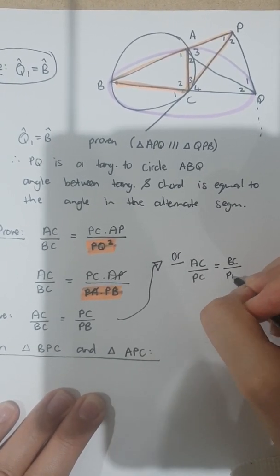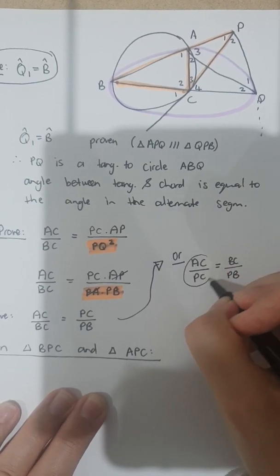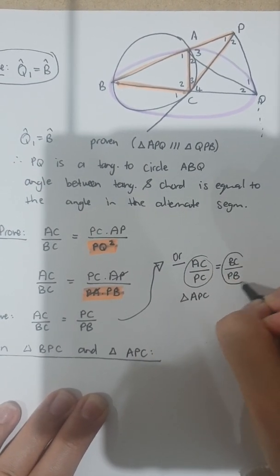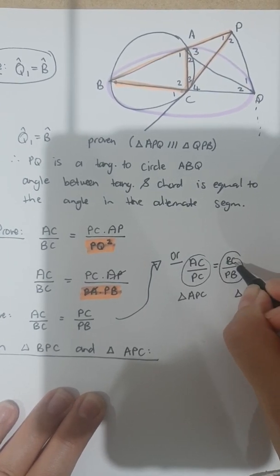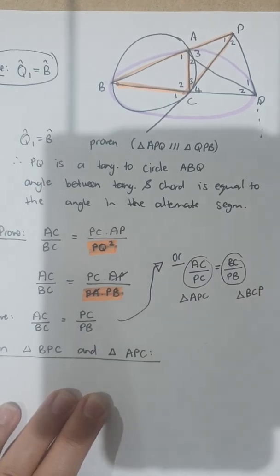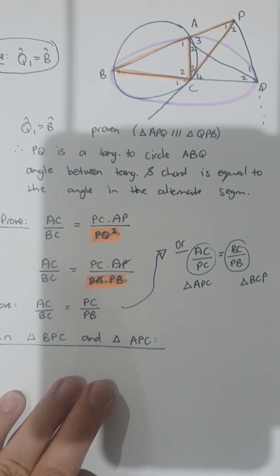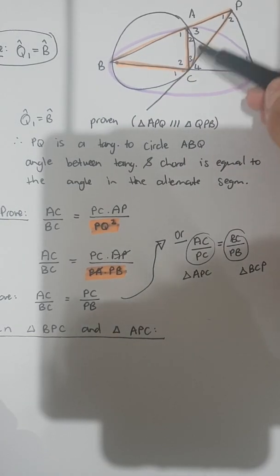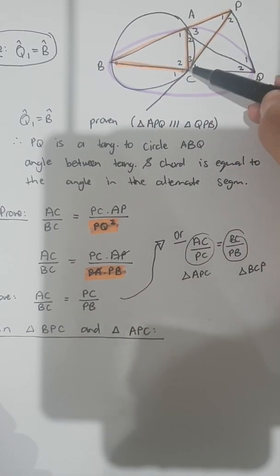I literally just went and cross multiplied them. This is triangle ABC and this is triangle BCP. There's already a B there. That's actually how I found my two triangles. So let's have a look. BPC and APC.